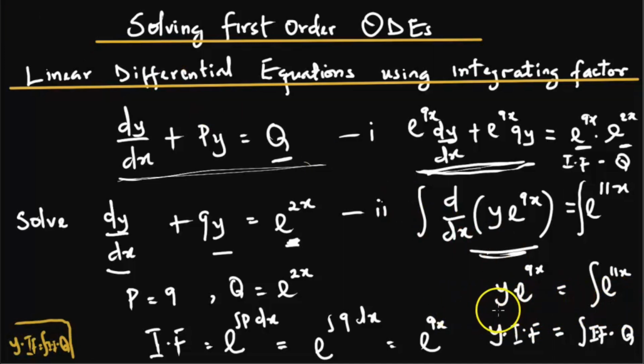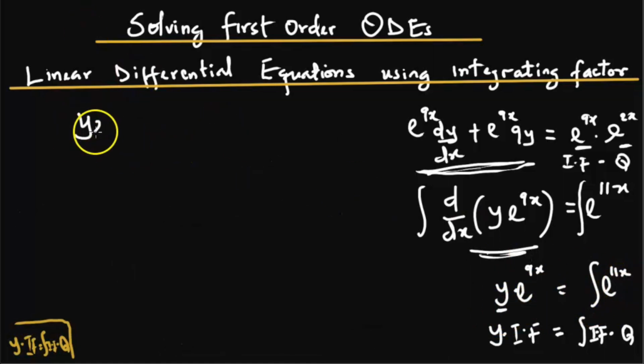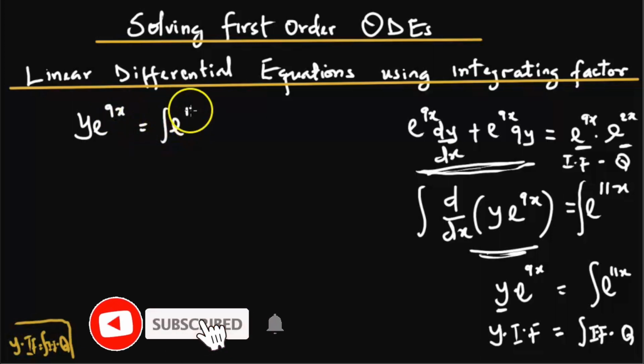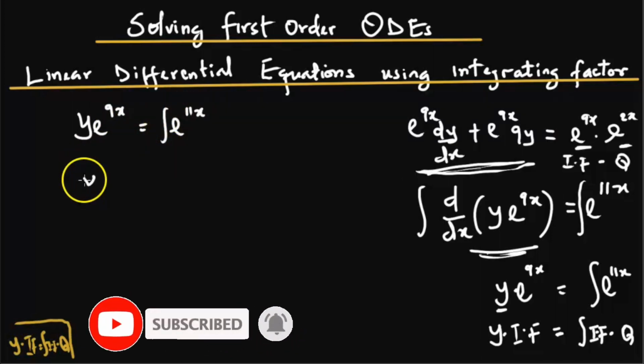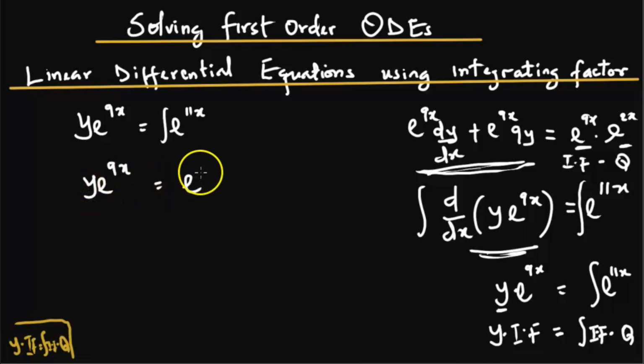What we're looking for is y. So let's integrate this first. We have y e^(9x) equals the integral of e^(11x). So it becomes y e^(9x) equals e^(11x) over 11. When we integrate this, we have this plus c.